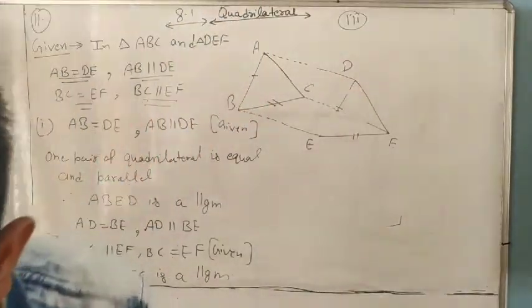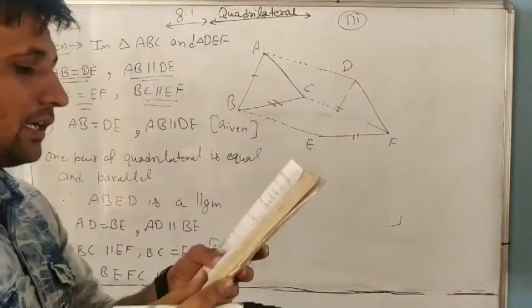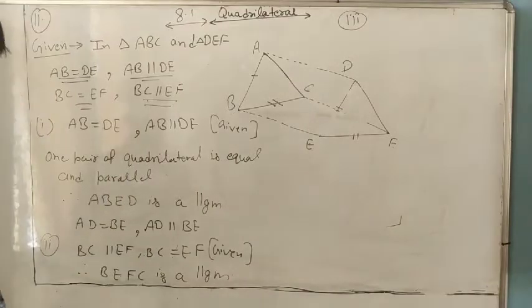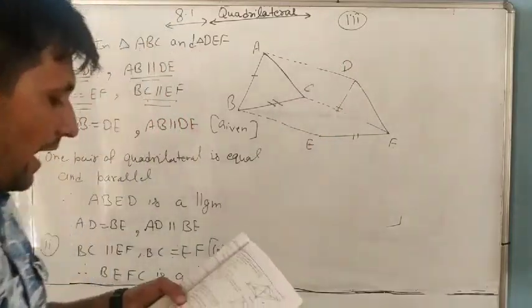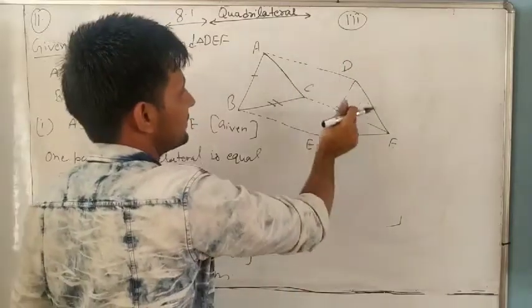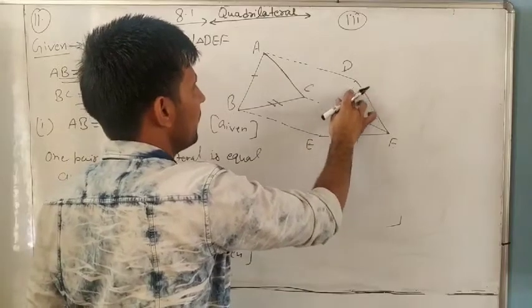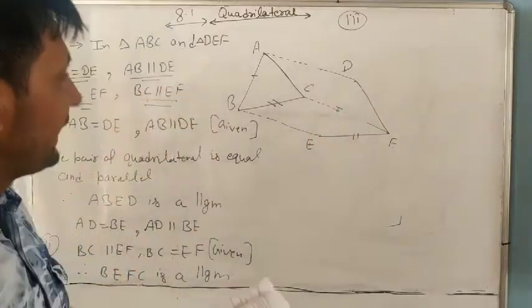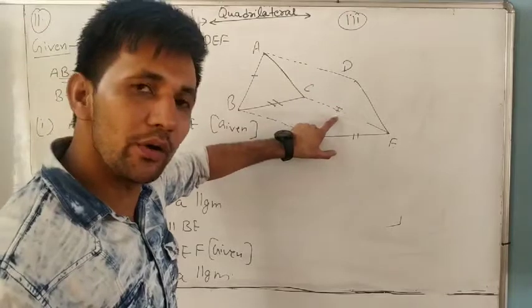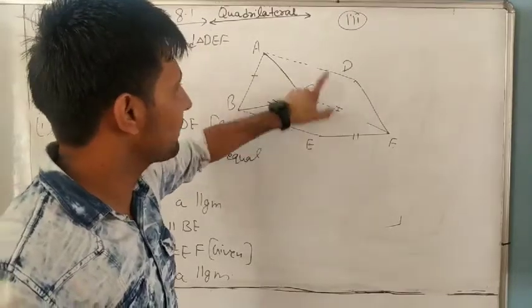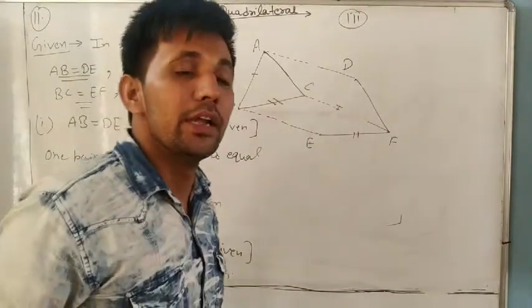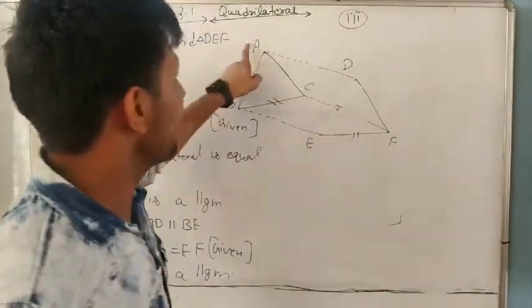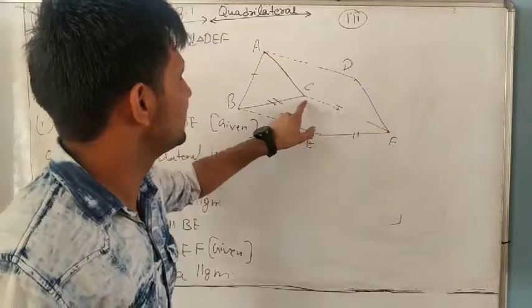In the third part, we have to prove that AD is parallel to CF, and AD and CF are also equal. AD equal to CF you have to show, and they are parallel. In what case can you say that they are equal and parallel? In only one case, if ACFD is a parallelogram.